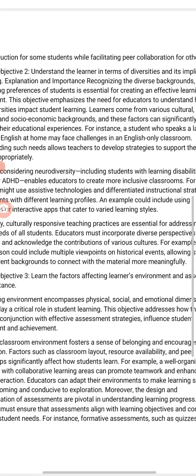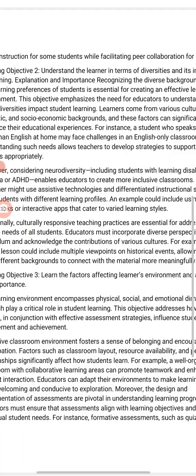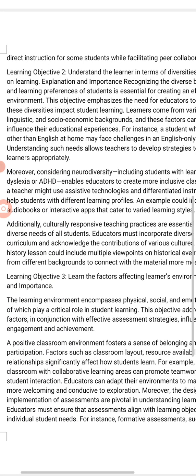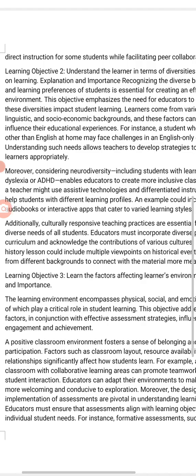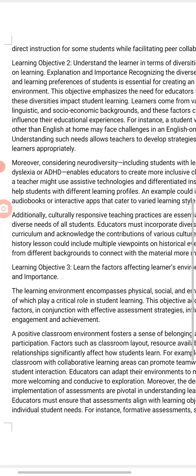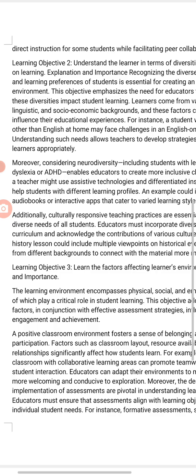Take, for instance, a student who speaks a language other than English at home. This student may face challenges in an English-only classroom. That means a classroom limited to English speaking.